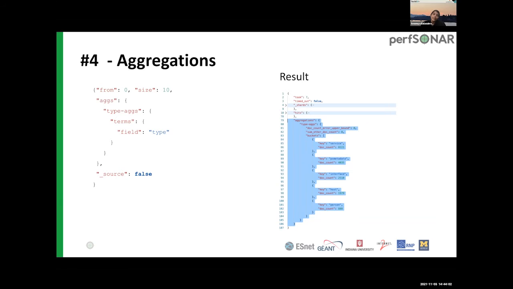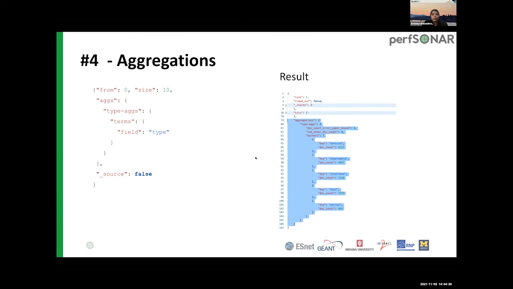But now you can send a query to Elasticsearch, specify aggregations, say aggregate on type, and it will automatically give you back the response saying how many documents it found in each of these different categories.